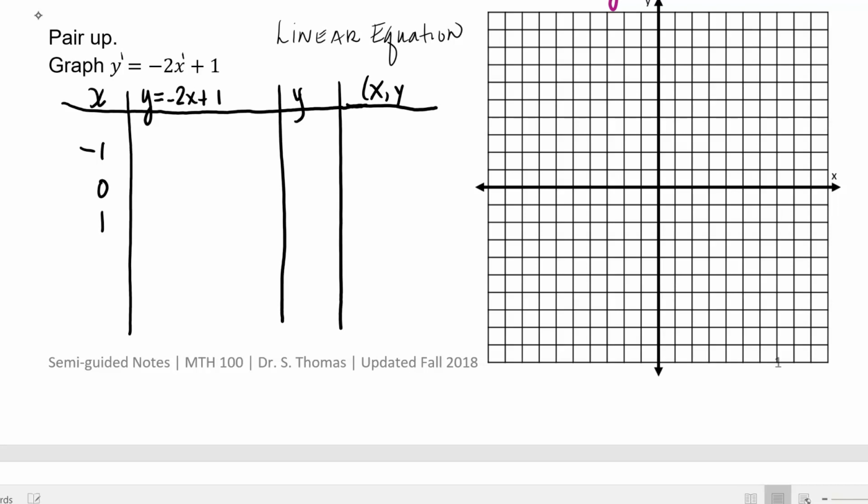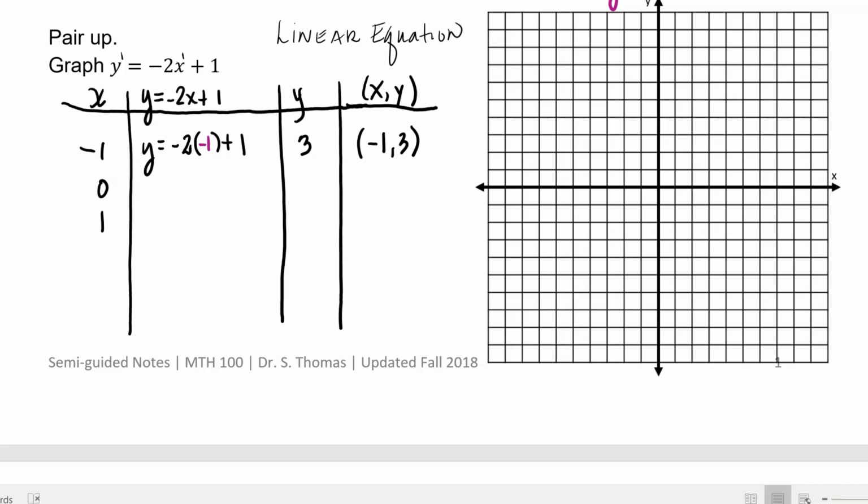x, y. So first, we have y equals, when we substitute x for negative 1, what do we get? Well, we get negative 2 times negative 1, which is positive 2, plus 1, which is 3. So the first point that we have is negative 1, 3.